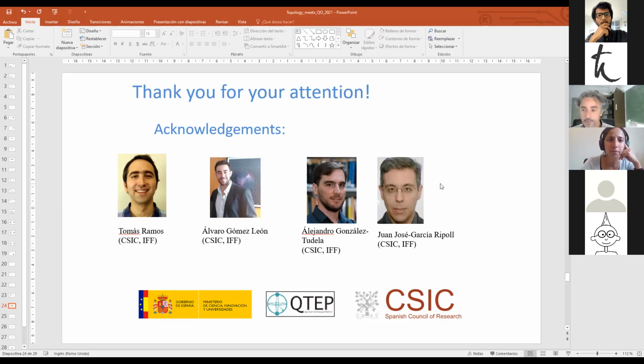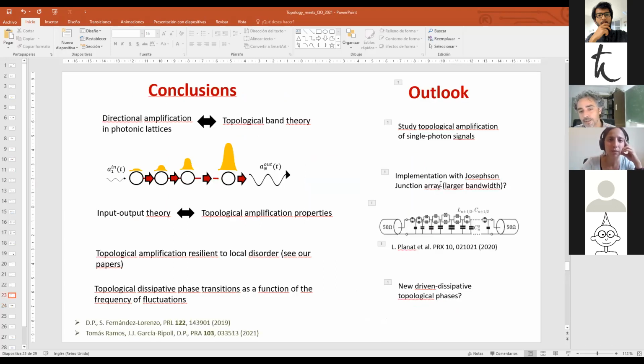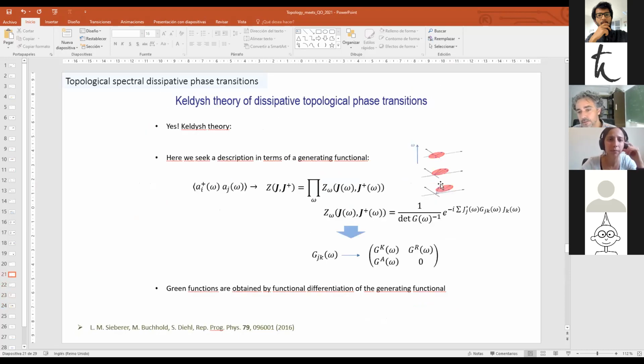That's a good question. From our theory, what we find in the end are conditions that allow us to predict when a system is going to behave as a directional amplifier or not. This depends on the model.